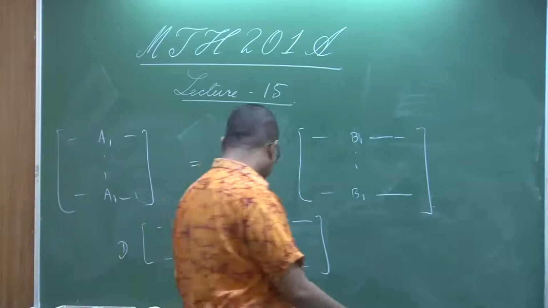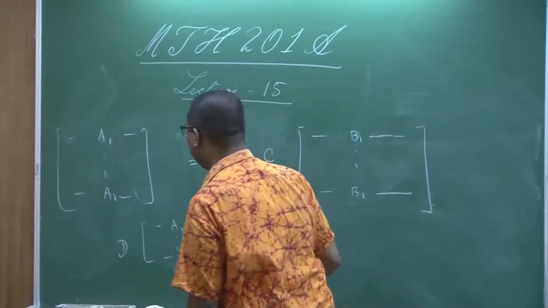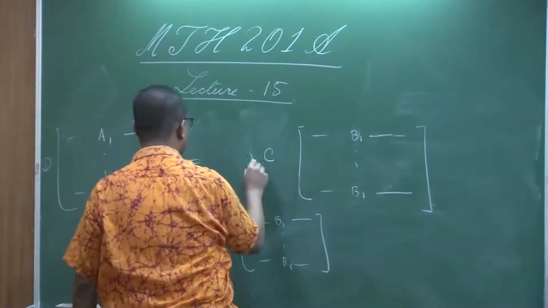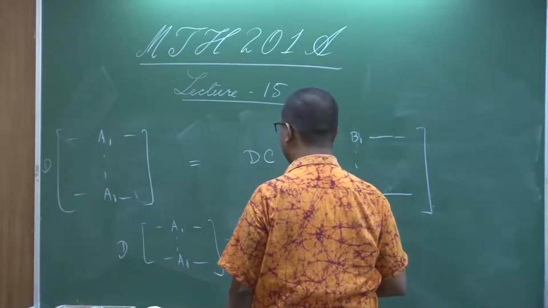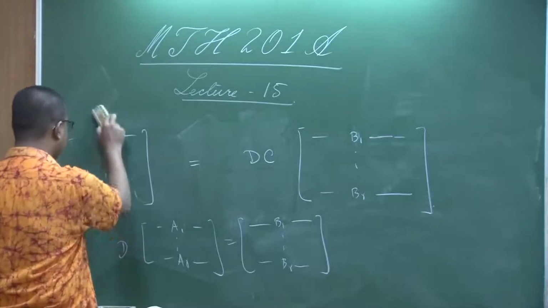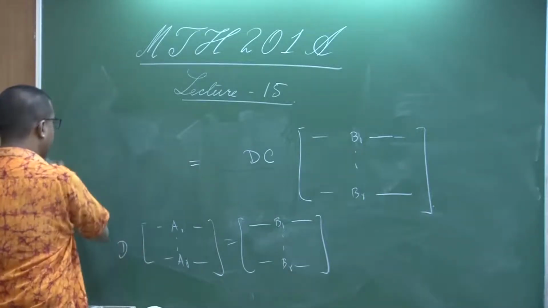Okay, the usual thing. So that shows you D. If you apply D here, then what will you get? D times A1 to AR will be B1, B2, Br.